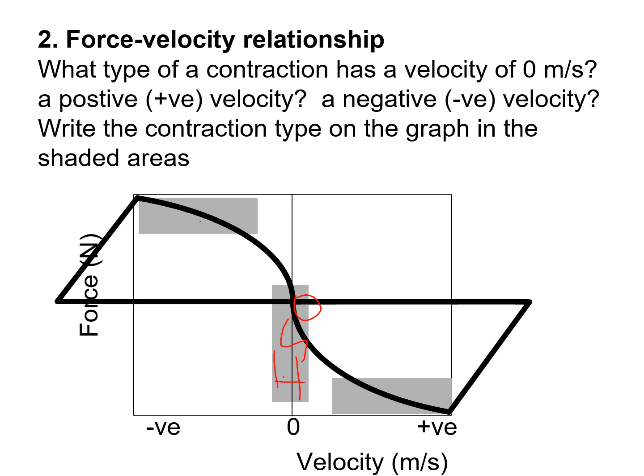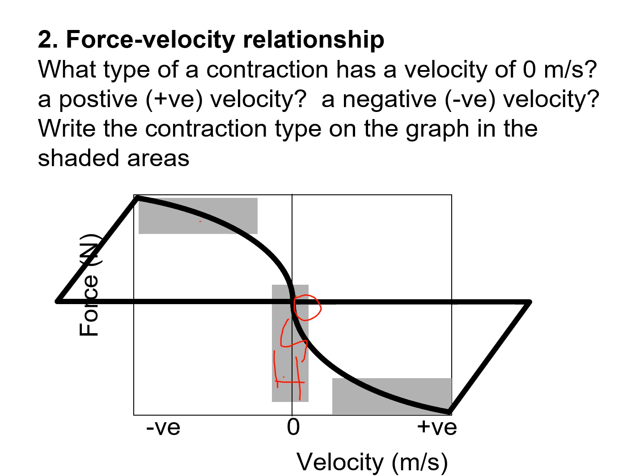Which one has a positive velocity? We'll take some creative liberties here, and we'll say that the displacement is positive if the muscle is shortening towards its center. So if a muscle is shortening towards its center, it's a concentric contraction and has a positive velocity.